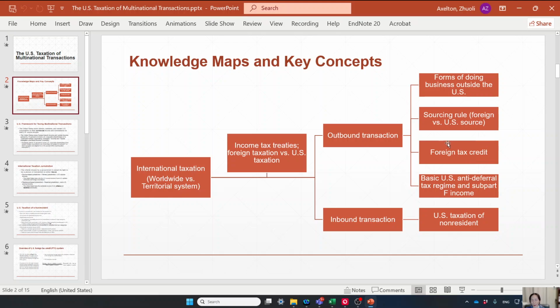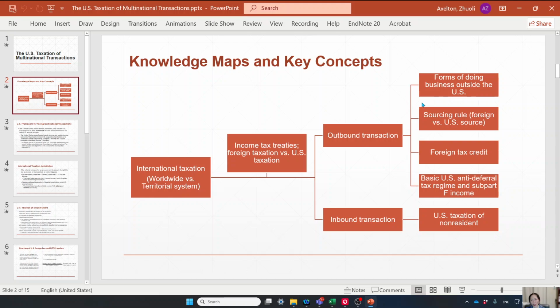So really, the big deal is how to calculate the foreign tax credit, and along with the foreign tax credit calculation, we have to figure out how we source the income between the U.S. source and foreign source, and also understand a little bit how U.S. entities, especially U.S. corporations or businesses, when they do business outside the U.S., in what business form do they operate: a foreign branch, or do they set up a subsidiary in that particular country?